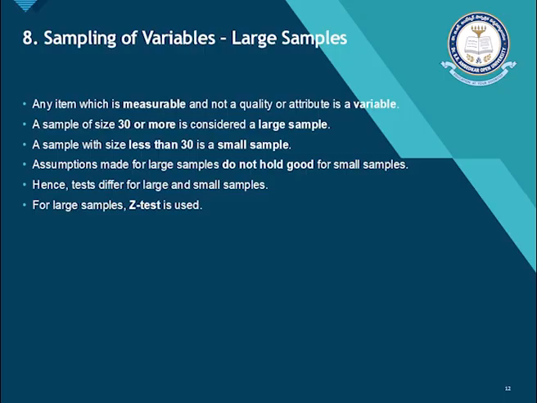Assumptions made for large samples do not hold good for small samples. That is why we have different formulae for small samples compared to large samples. Hence, tests differ for large and small samples.